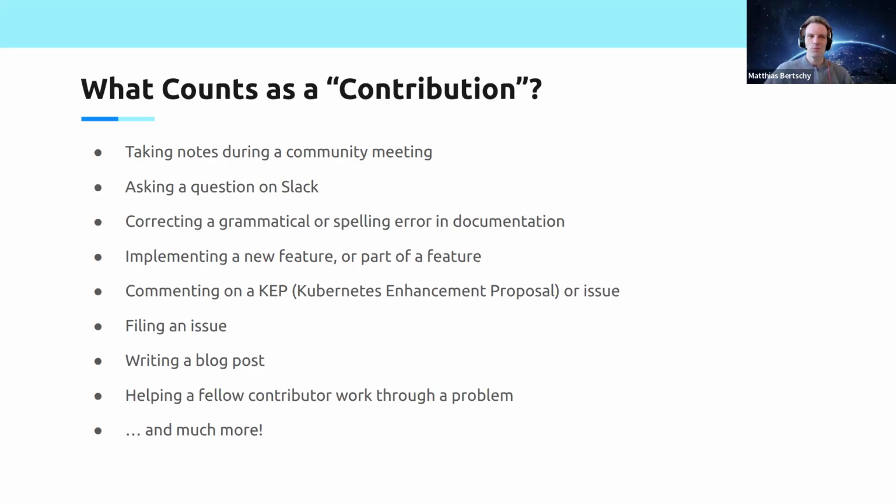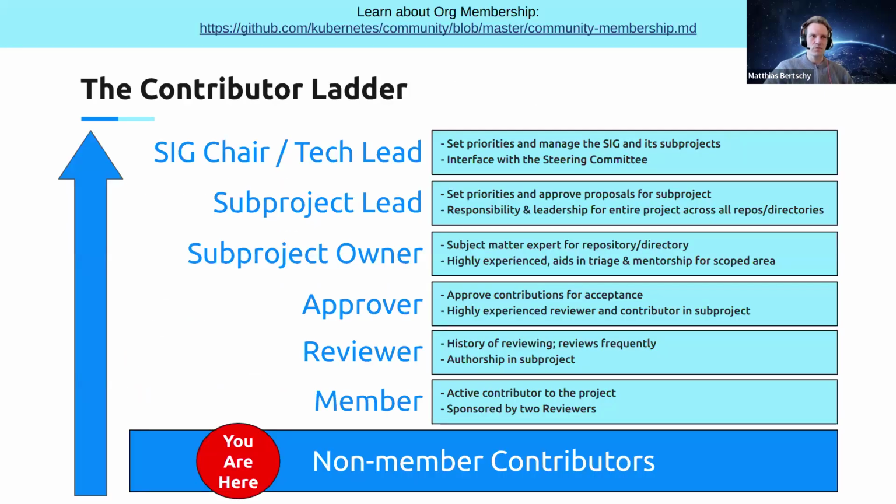As a community, we try our best to acknowledge and appreciate contributions to the community in many forms. But then if so many different things can be a contribution, what does it really mean to be a contributor? Well, we have what we call the contributor ladder, because there are different levels of being a contributor.